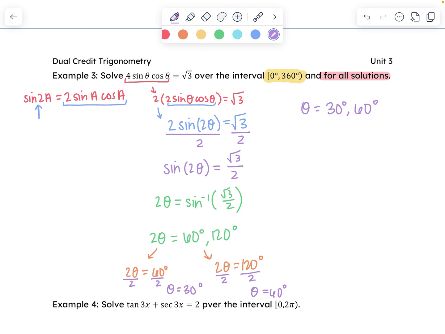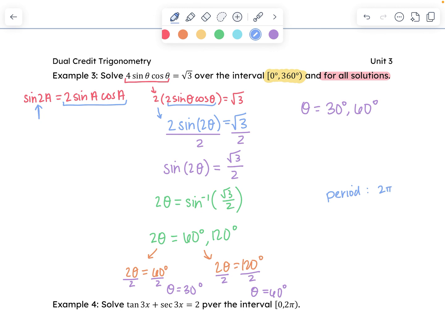Okay, now I've got to do all of the solutions. And so that's where I've got to figure out what my period is and if I'm going to adjust that. So remember, let's do that in blue. The period for sine is 2 pi.